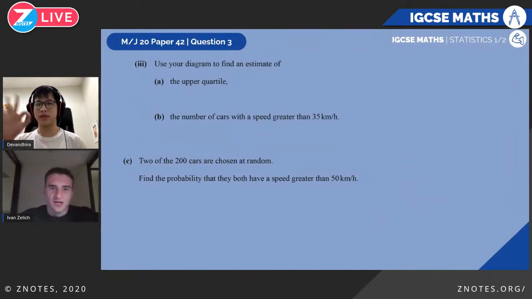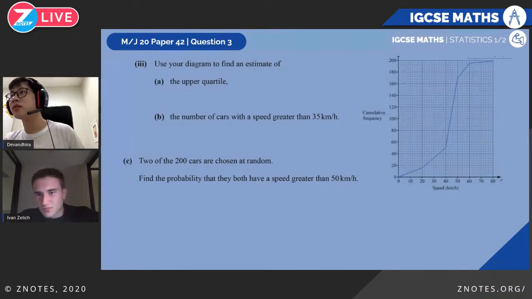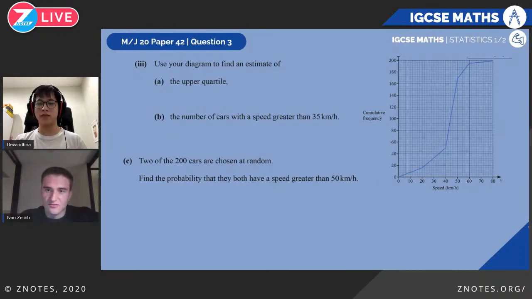So now we have to use the diagram to find an estimate of the upper quartile. We have a diagram, and we've got 0 to 200. So we need to find the 75th percent. That's at 150.